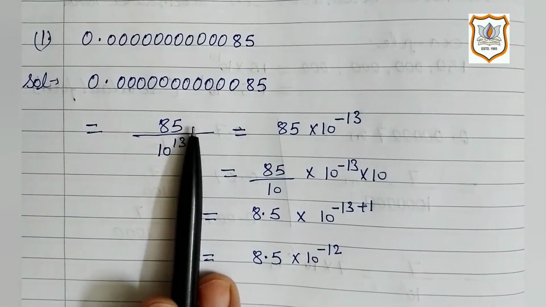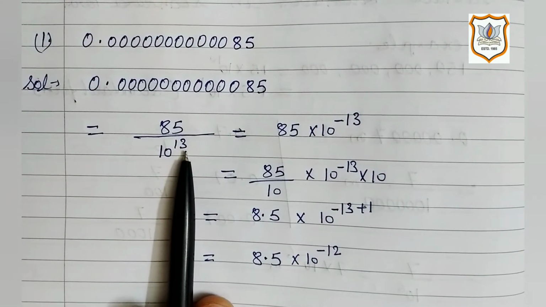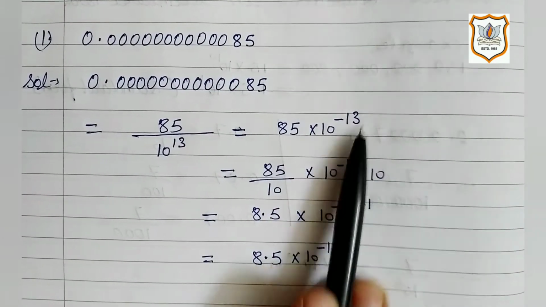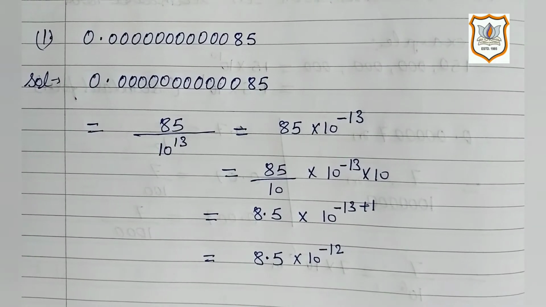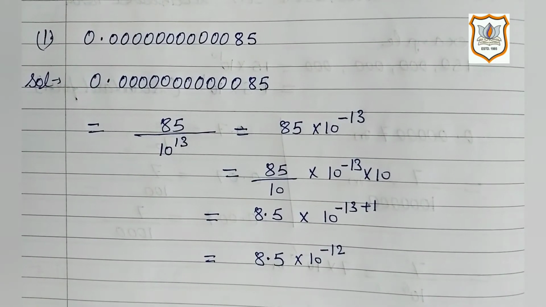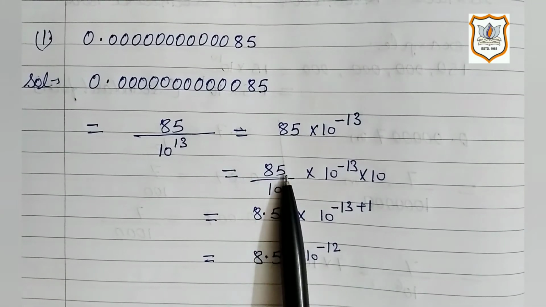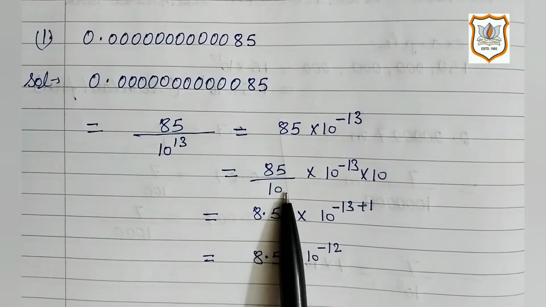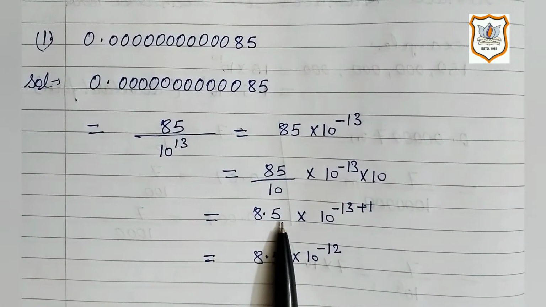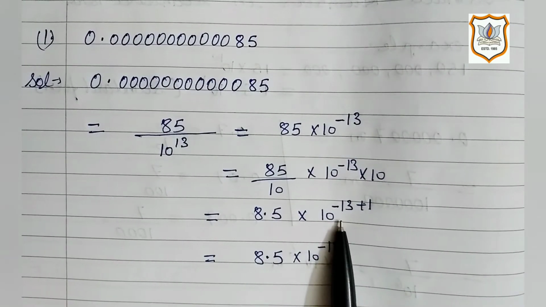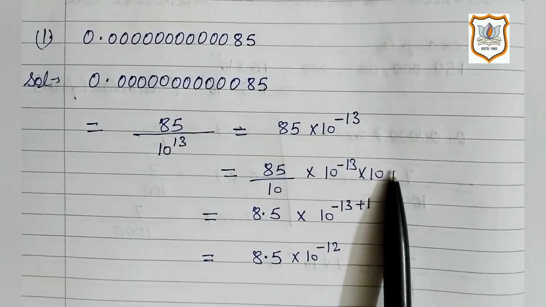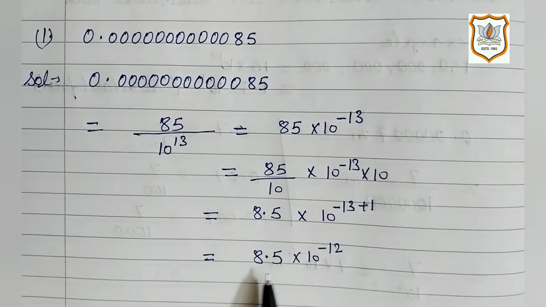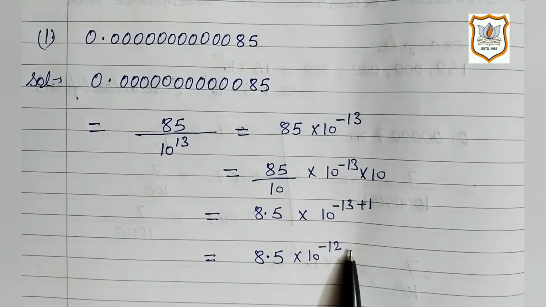So we write 85 upon 10 to the power 13 is equal to 85 multiplied by 10 to the power minus 13. Now we will express this number in standard form. So we divide 85 by 10 and multiply by 10. 85 upon 10 is equal to 8.5. Multiply 10 to the power minus 13 plus 1. Minus 13 plus 1 is minus 12. So we write 8.5 multiplied by 10 to the power minus 12.